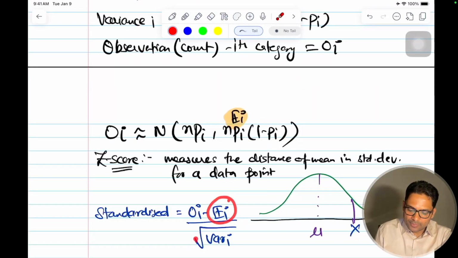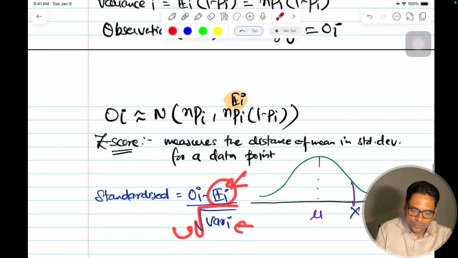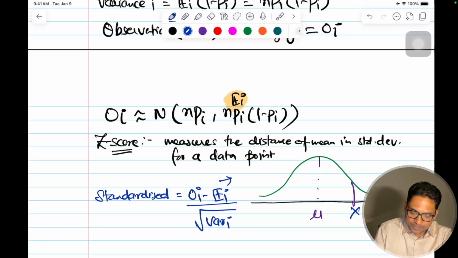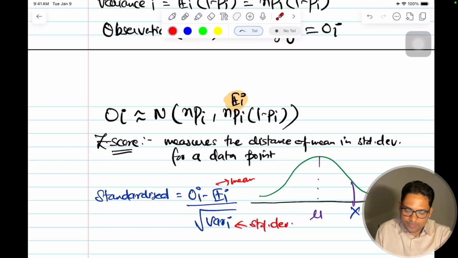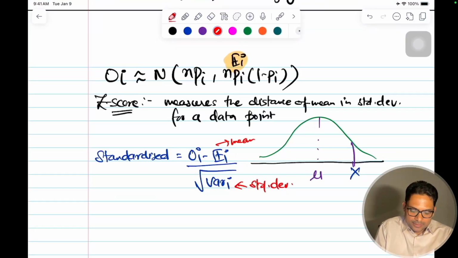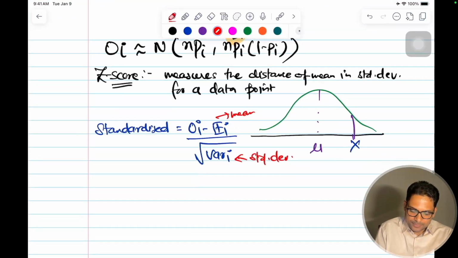And then we have the variance. This is your mean centered and variance scaled. The expected value is your mean, and the square root of variance is your standard deviation. We know this, so we just subtract the mean and divide by the standard deviation, and this is standardized now. This standardized score is called Zi.